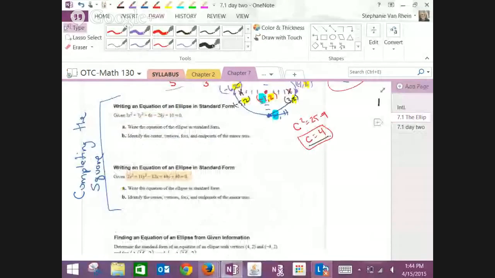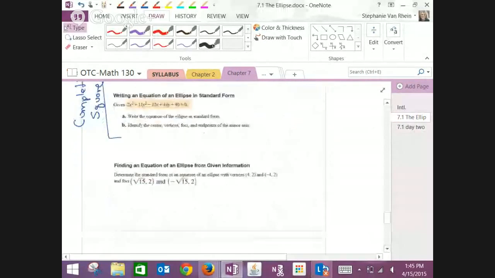Jumping back to the notes, we're going to talk about 2 more things. One of them is I can give you information about the figure and you can come up with the standard formula for it. So in this example, I give you the vertices and the focal points, and I have you come up with the general form.